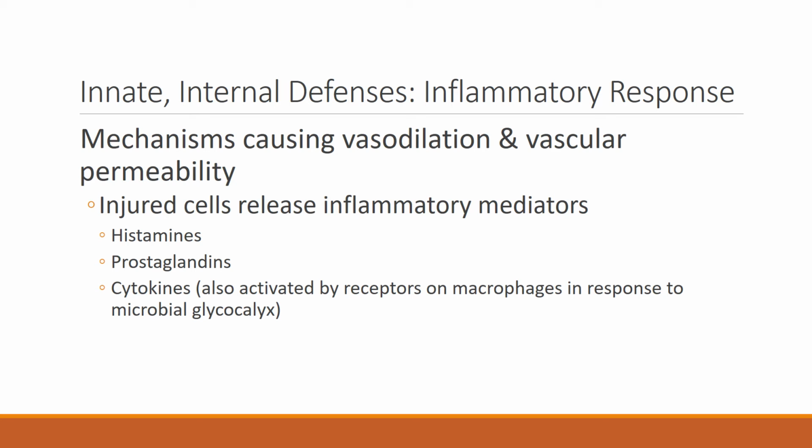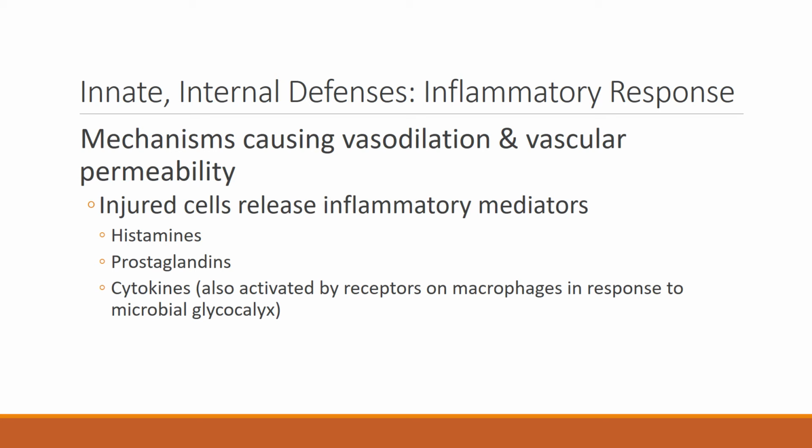Some of the inflammatory mediators that are released by injured cells, again, include histamine. Histamine is responsible for vasodilation and also an increase in vessel permeability. Also, we'll have different types of prostaglandins, which also help with vasodilation.